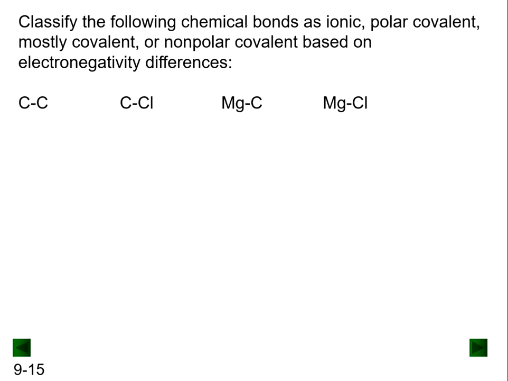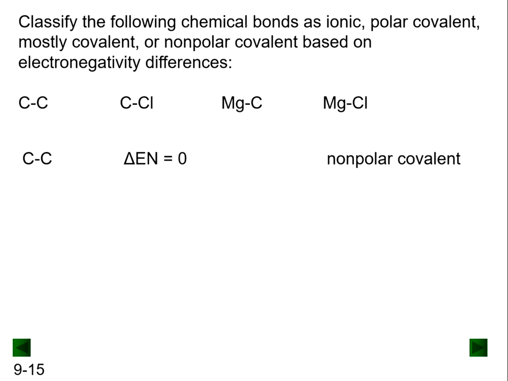Classify the following chemical bonds as ionic, polar covalent, mostly covalent, or nonpolar covalent based on electronegativity differences of the elements constituting the bond. First, the carbon-to-carbon bond, the electronegativity difference is 0.